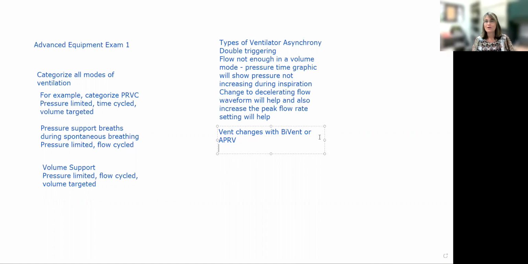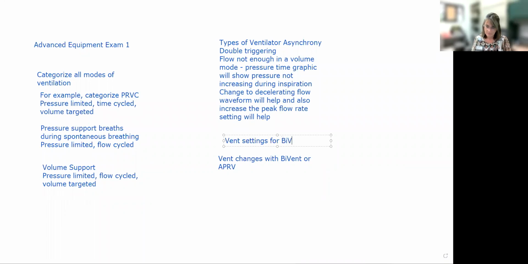One thing I didn't write down is what are the 4 settings for bivent? P high, pressure high, and P low.